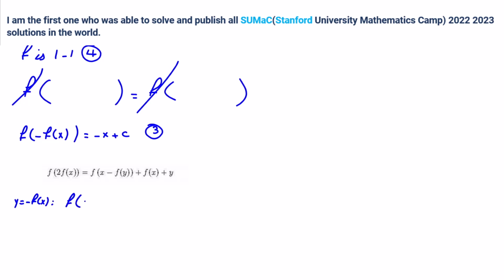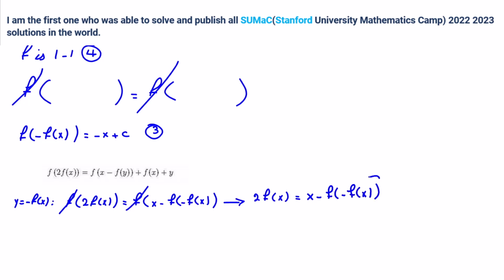Then it would be f of 2f of x equal to what? f of x minus f of negative f of x. Then we can conclude 2f of x equals x minus f of negative f of x.